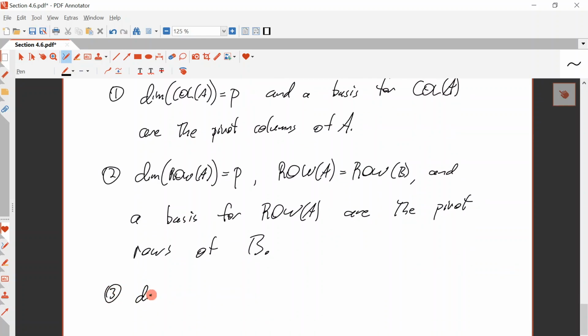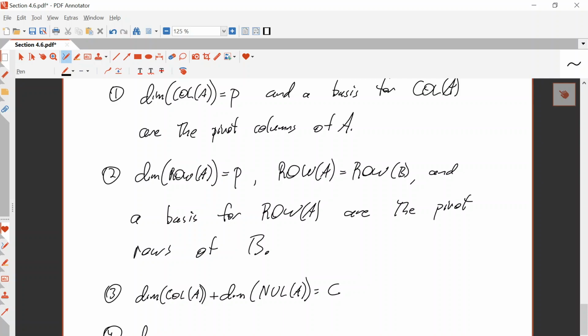The dimension of the column space of A plus the dimension, as we were saying before, of the null space of A is equal to C, the number of columns.